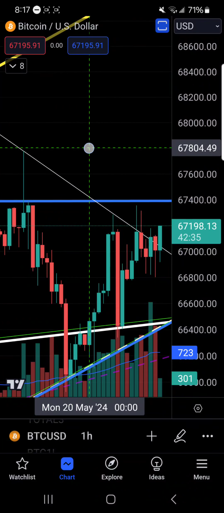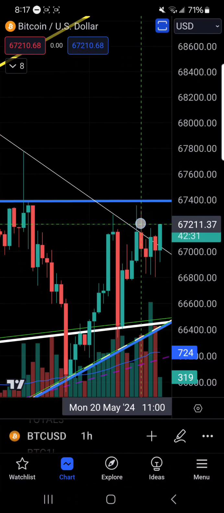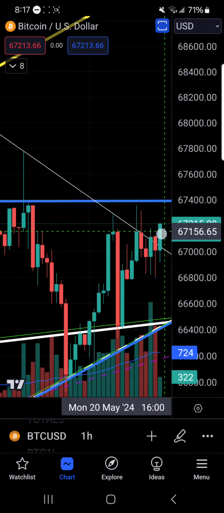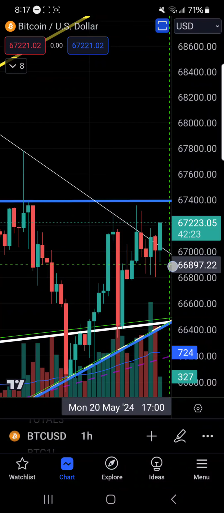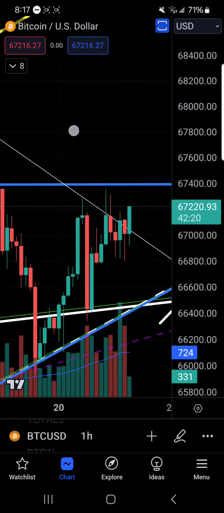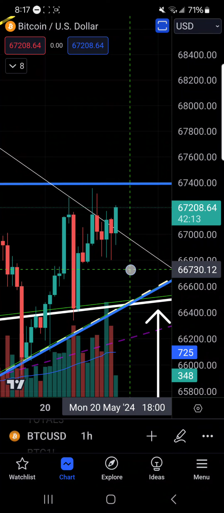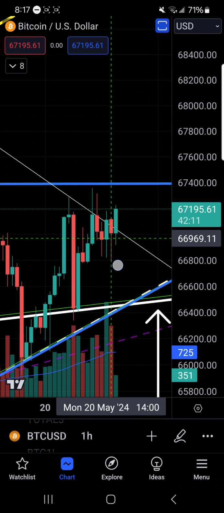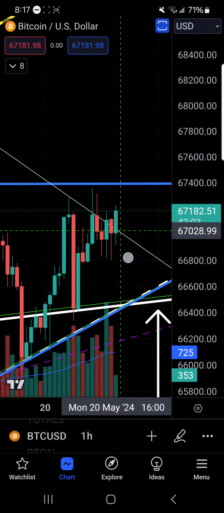It acted as resistance here, it acted as resistance here, and you can see that although we've come up through it, we've closed these candle bodies on it and have been unable to form a candle body outside of that. Even on this last hour, we came back down. I thought possibly we'd hold it here, but we've come back down and are unable to form a candle body outside of it.